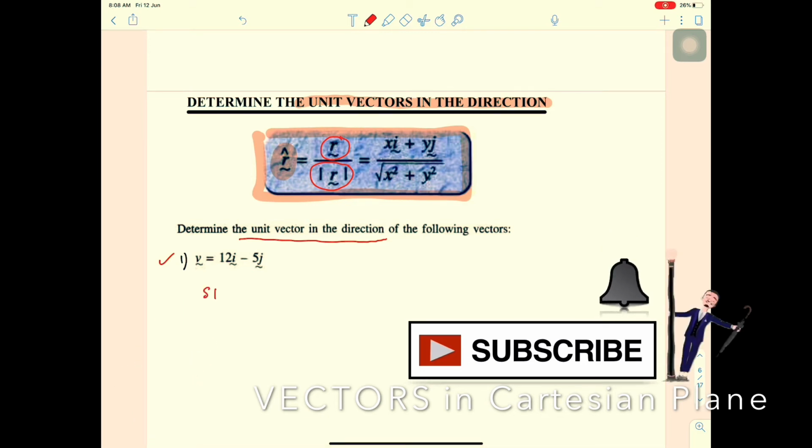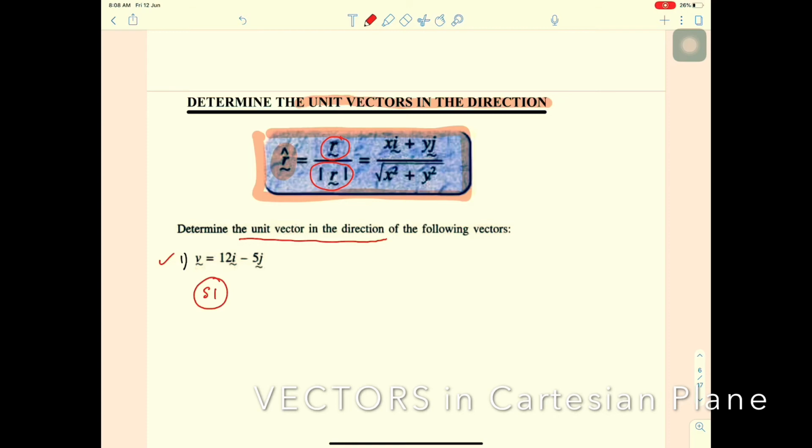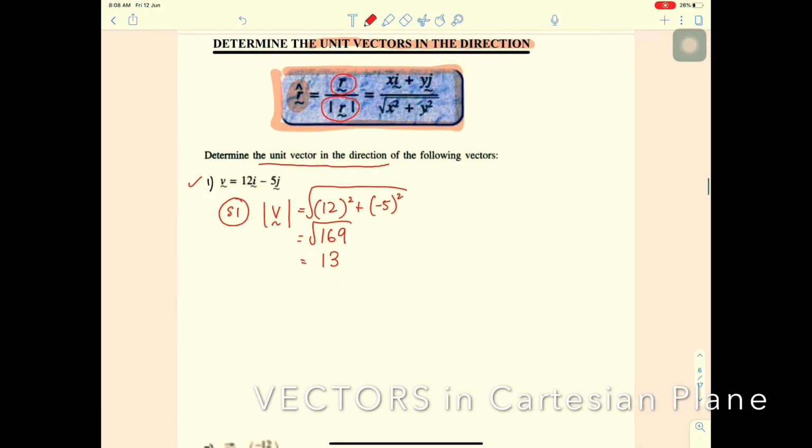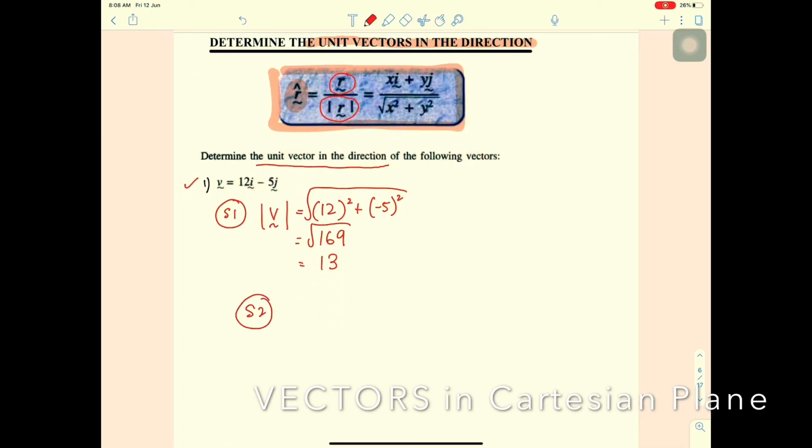Step 1: we must determine the magnitude of the vector. 12 squared plus negative 5 squared, so you get the square root of 169, which equals 13. Step 2: determine the unit vector in the direction of vector v. This is the symbol.